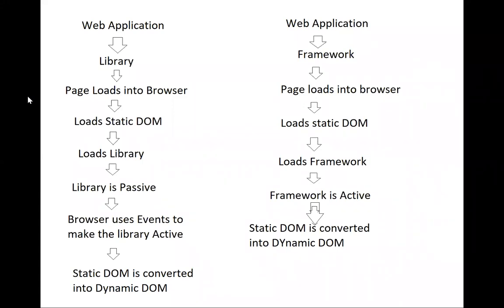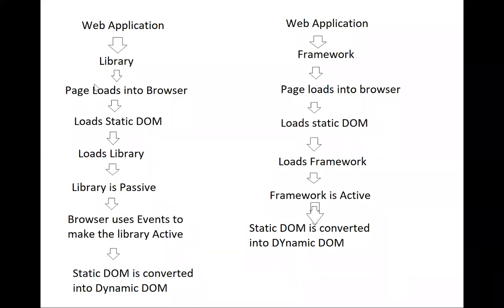But the main conceptual difference is that a library is for building the application, and a framework is for both building and controlling the application flow. A framework can do two things: it can build the application and control the application flow, whereas a library can only build the application.